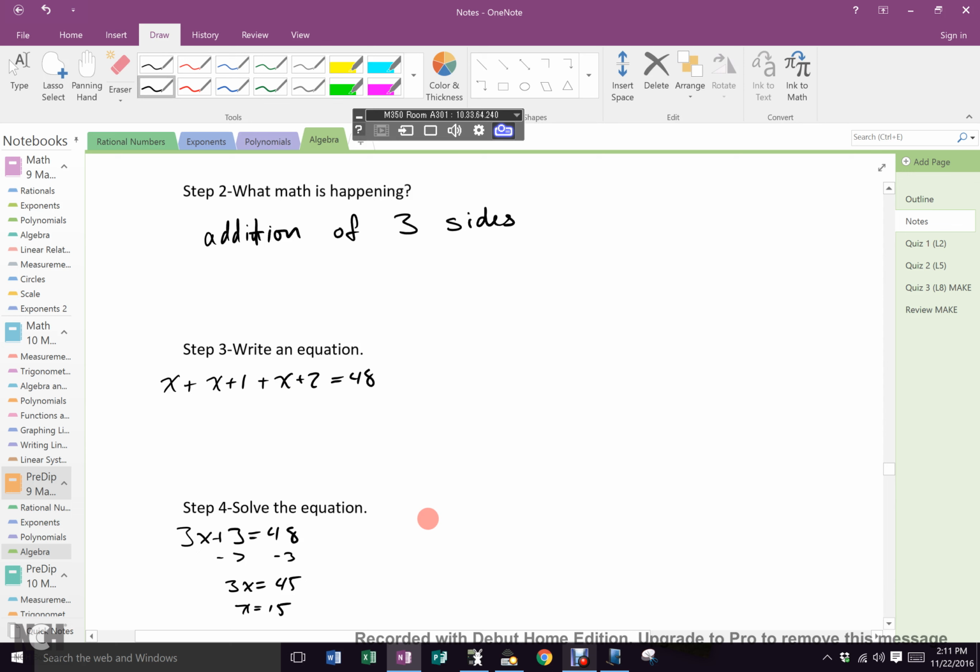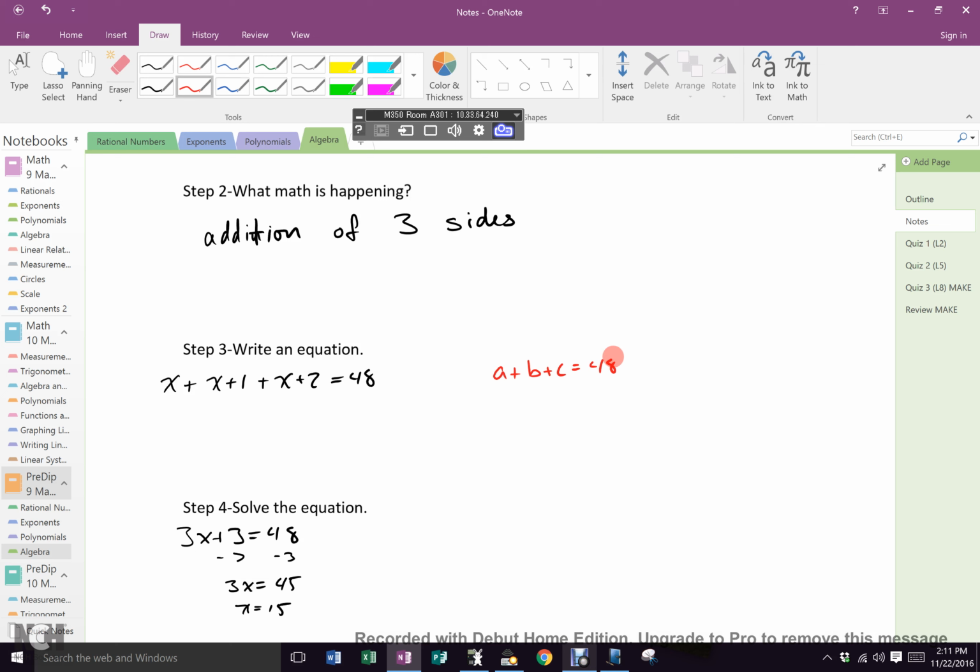Now, can we do this with the red one? A plus B plus C equals 48. No, because they're all different terms.